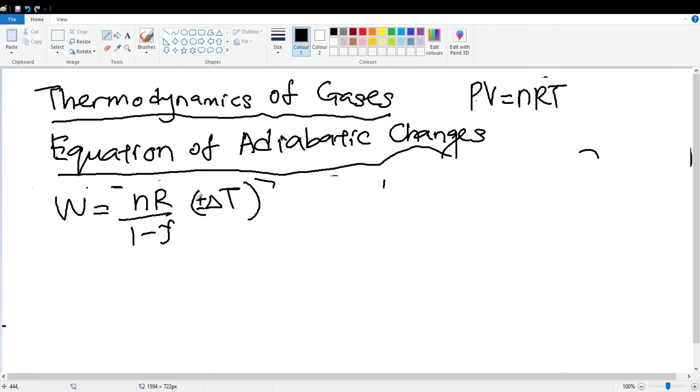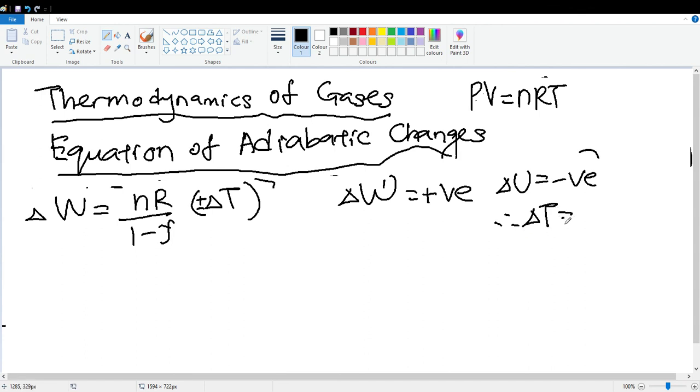In terms of adiabatic expansion, the work is done by the gas, so the internal energy change is negative, and hence I can conclude that my temperature change is also negative.